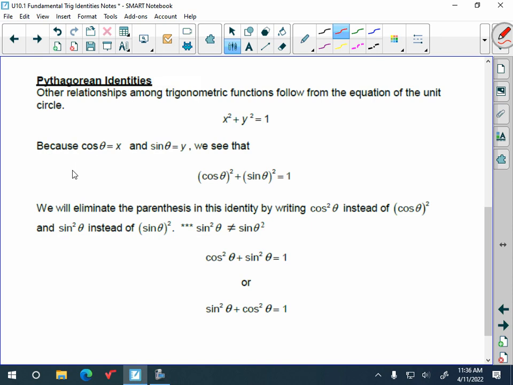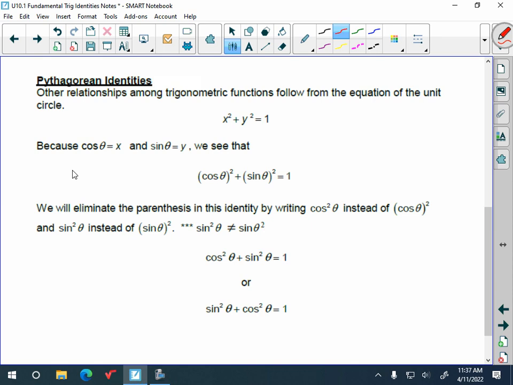So we're replacing x with cosine theta, we're replacing y with sine theta, and so we get cosine theta squared plus sine theta squared equals 1. Then what we can do is eliminate the parentheses and just bring the square in on the trig expression. So we want to write it as cosine squared theta plus sine squared theta equals 1.